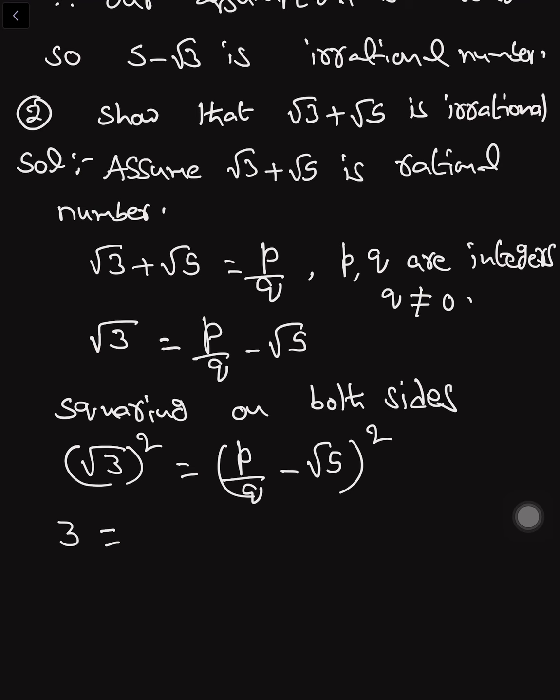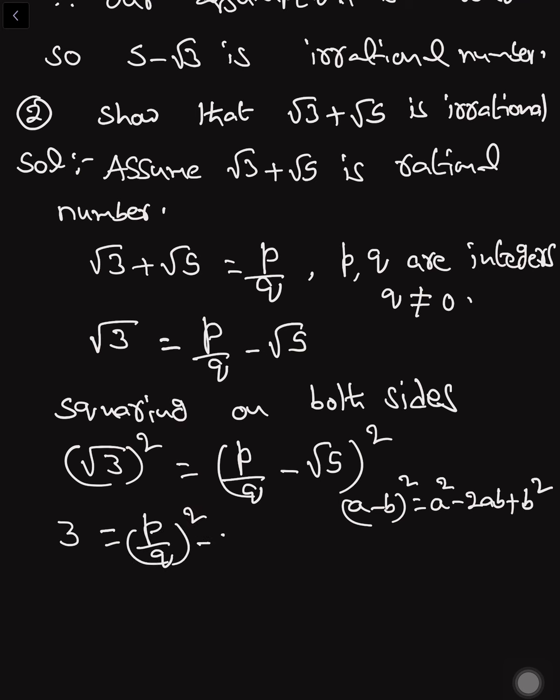Recall the formula of a minus b whole square is equal to a square minus 2ab plus b square. So p by q whole square minus 2 into p by q into root 5 plus root 5 whole square.